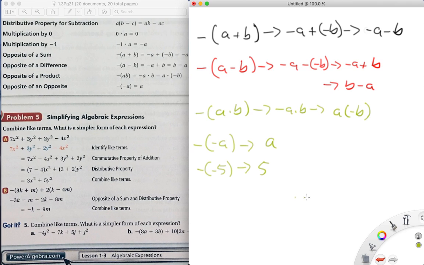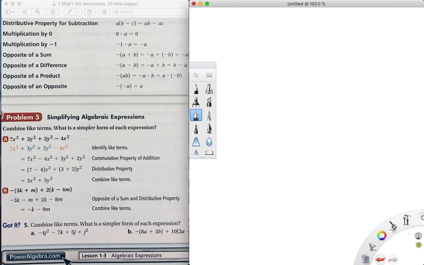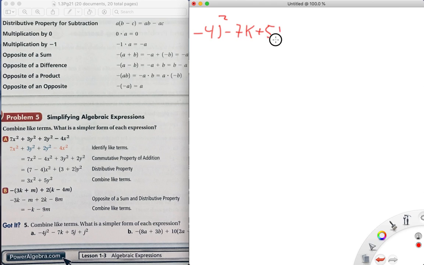Alright, simplifying terms and expressions. We have negative 4j squared minus 7k plus 5j plus j squared.